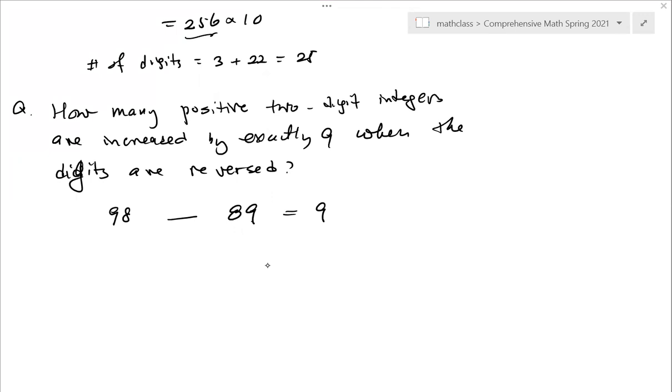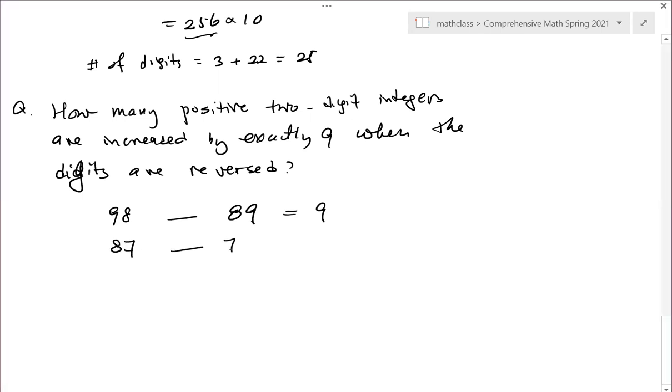Maybe there are more, right? So you probably find out, okay, how about 87?